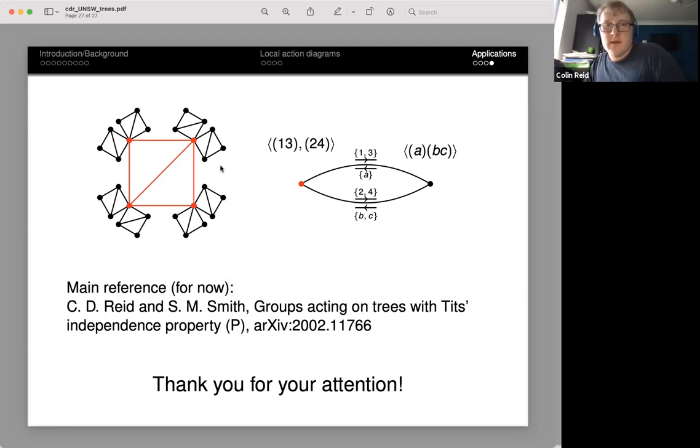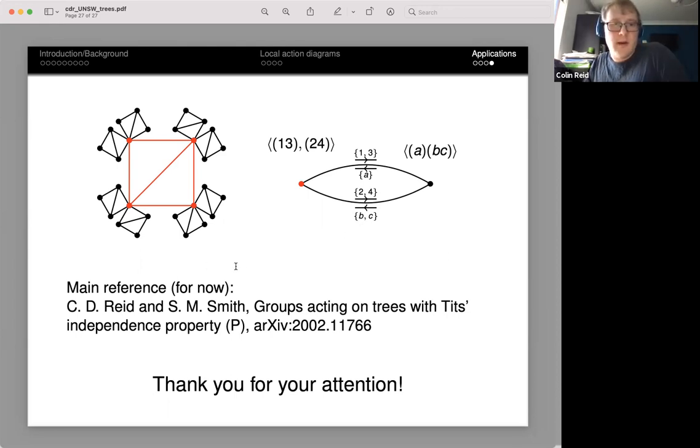And so we have one edge coming out here that has label A, and that represents the local action at this vertex on this lobe because it fixes it. And then you can swap these 2 lobes, so you have a local action there where you have 2 points.